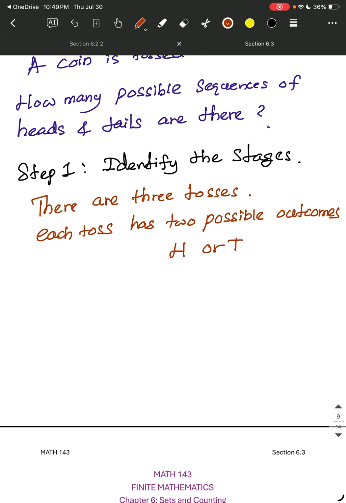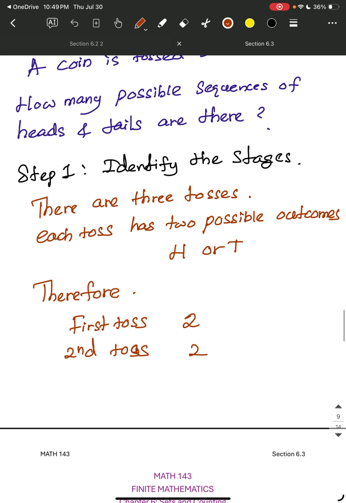Therefore, we have the first toss, two possible outcomes. Second toss, 2 possible outcomes.